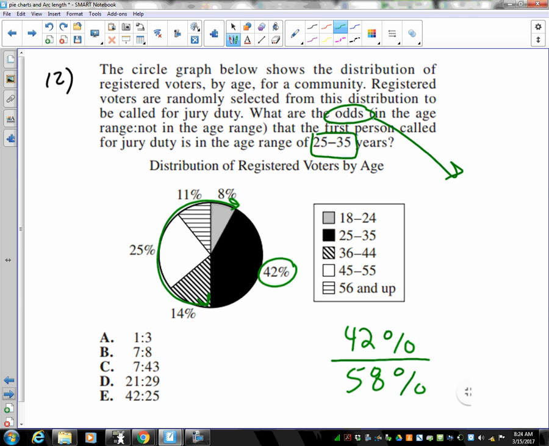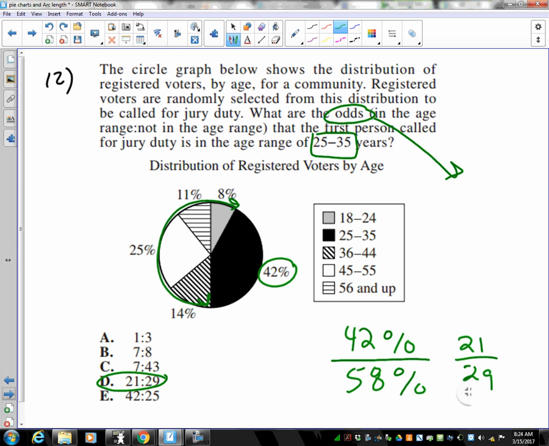Now, we can reduce here by probably a 2. So this would be 42 divided by 2 would be 21, and 58 divided by 2, calculator says 29. So 21 to 29. Okay, so again, probably not doing a good job of this.